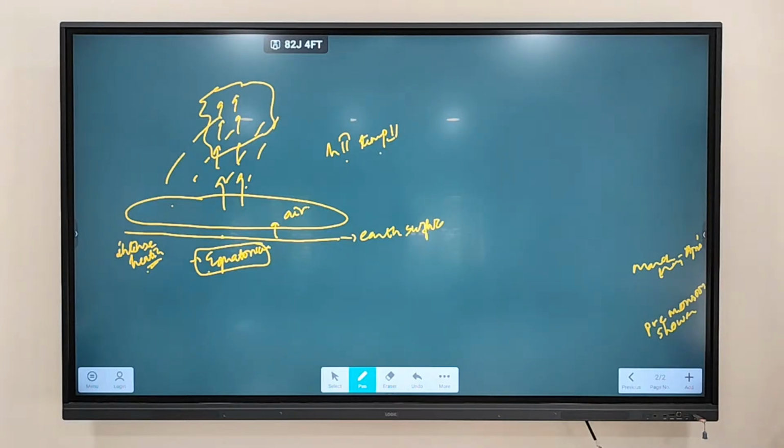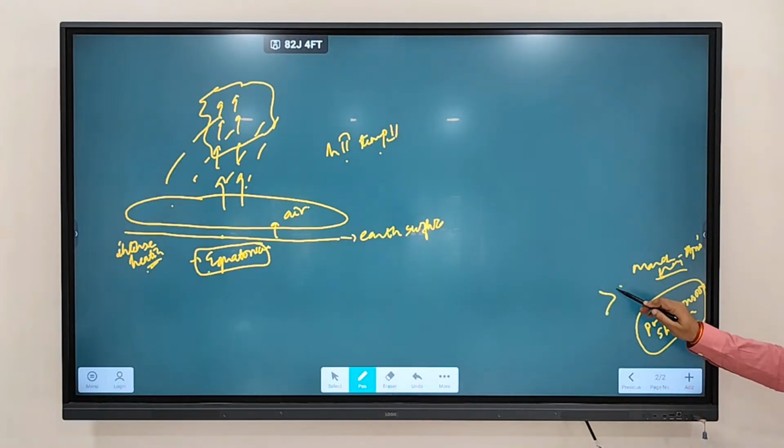Why? Because in March, April, May, the sun is shifting towards the Tropic of Cancer. When the sun is shifting towards the Tropic of Cancer, the Indian landmass will get heated. When the landmass gets heated, convectional rainfall can happen. Clear? So in India, convectional rainfall is referred to as pre-monsoon shower.